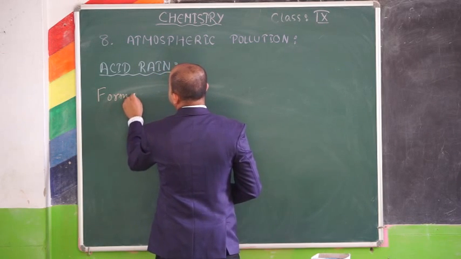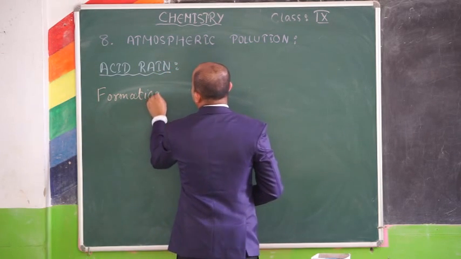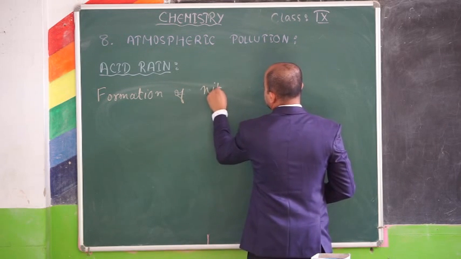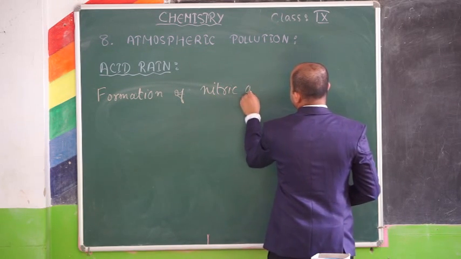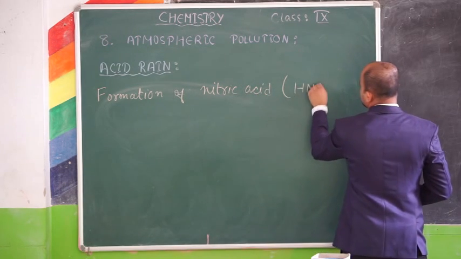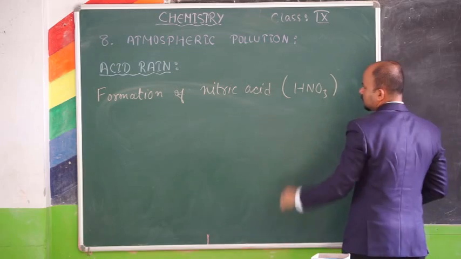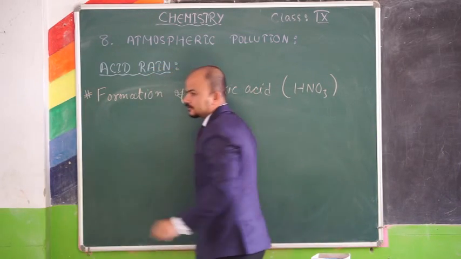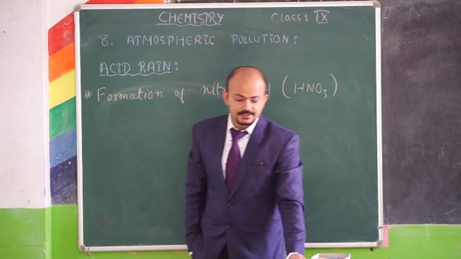Formation of nitric acid. So nitric acid, the formula is HNO3.